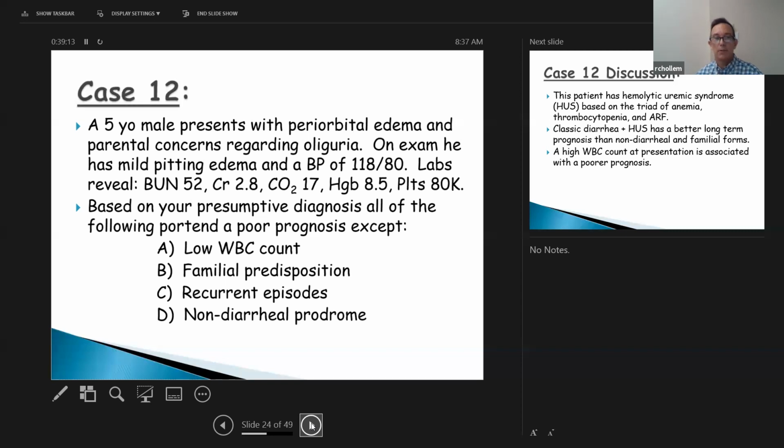We haven't looked at a urine yet, but it's going to be abnormal. And what should the hemoglobin be in a run-of-the-mill nephrotic? Elevated from hemoconcentration. So now what's your presumptive diagnosis? HUS. HUS, okay? So based on the diagnosis of HUS, all of the following portend a poor prognosis except.